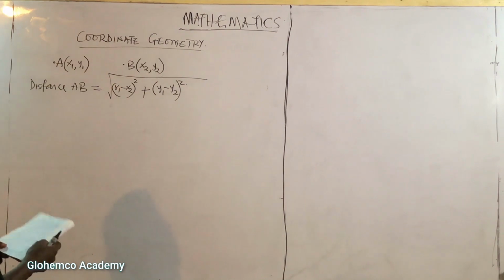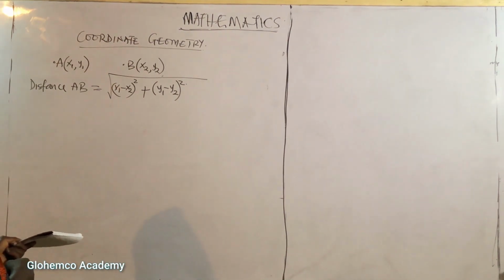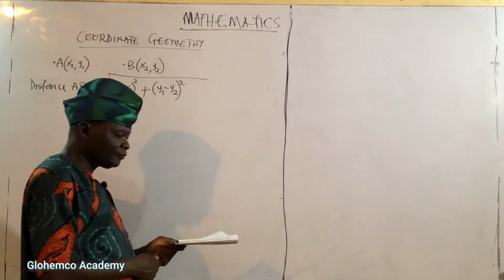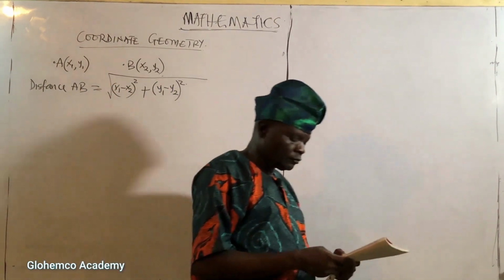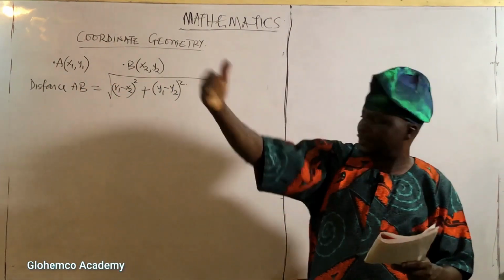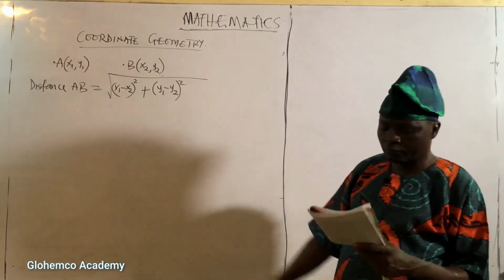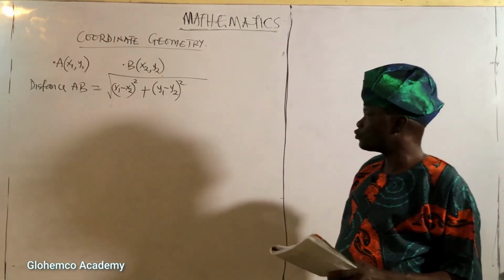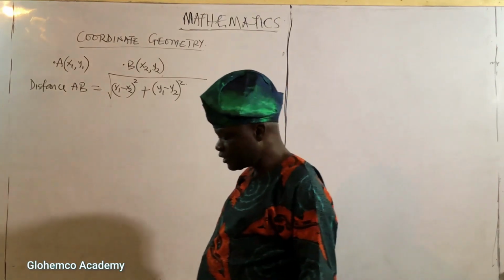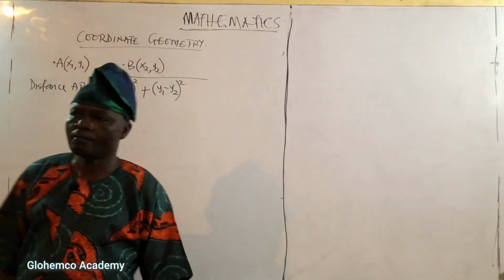This is the formula for finding the distance AB. If you are to find the distance AB at any time, we say x1 minus x2 squared plus y1 minus y2 squared. What are we saying here under coordinate geometry?